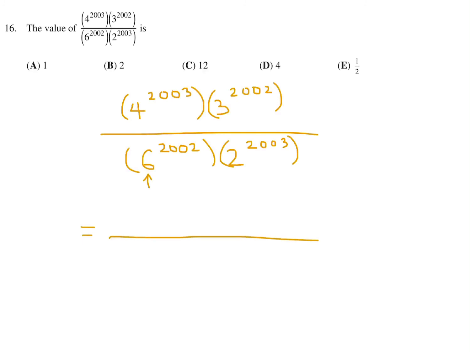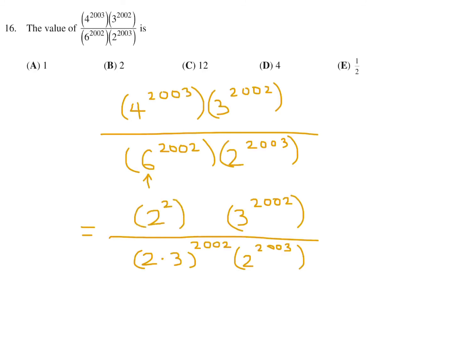That one can be broken up into 2 times 3, and that will be all to the power of 2002. 2 to the power of 2003 we can't do much with yet, and neither can we do much with 3 to the power of 2002 because 2 and 3 are prime. But the 4 can be changed into 2 to the power of 2 to the power of 2003, like that.